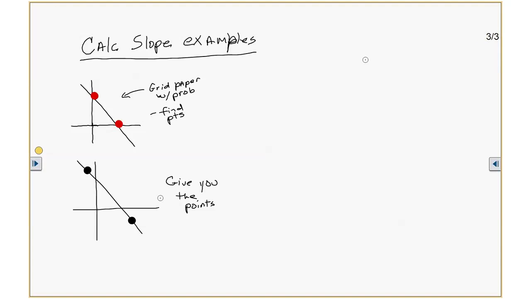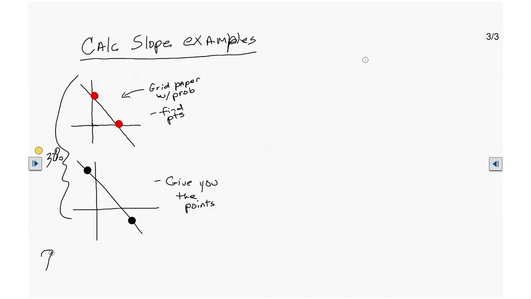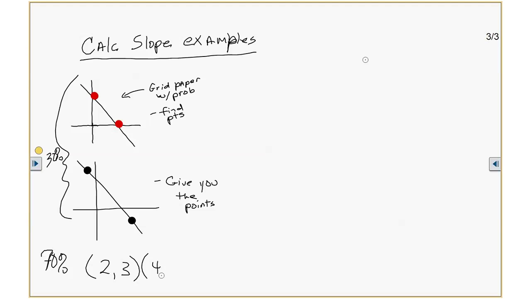So you're talking about maybe 30% of your questions will be one of these. 70% is going to be like this, given 2 points like this. That's what most of the time you're given.